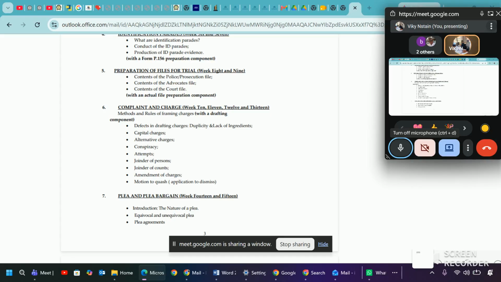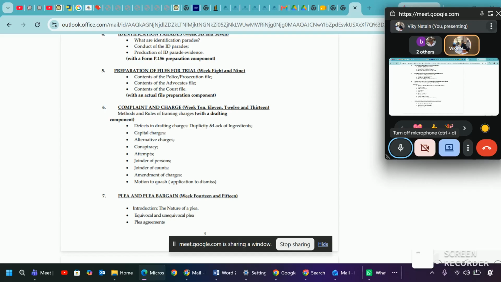Where do you join counts and at the same time avoid duplicity of charges? When is the court allowed to amend a charge? When is an amendment not allowed? Then how do you do an application to dismiss or to quash a count? Because an examiner can also tell you to take appropriate measures and draft the necessary application.